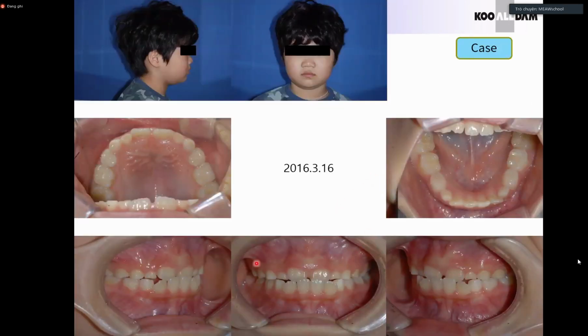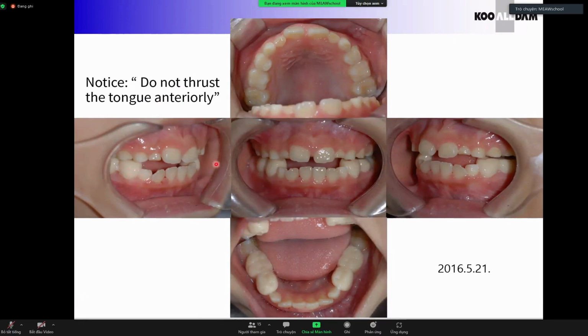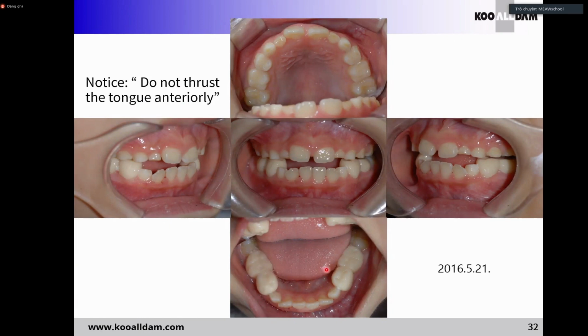This patient, you can see this. How about the upper arch? You can see the normal arch. His profile is not bad, good. So at that time, we insert resin overlay like this in the lower first and second molar area.